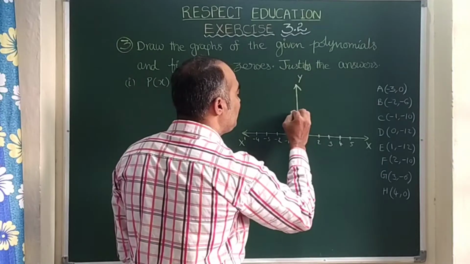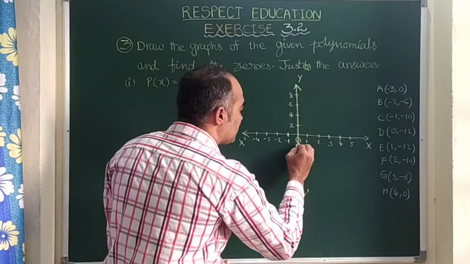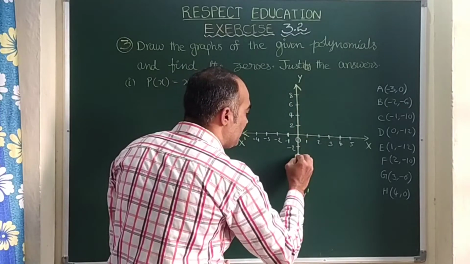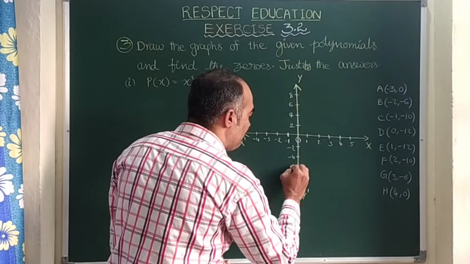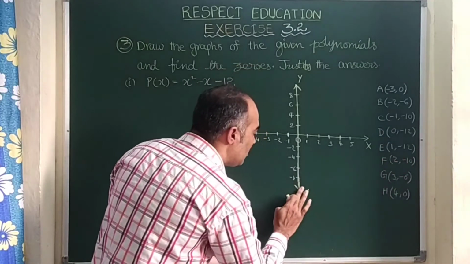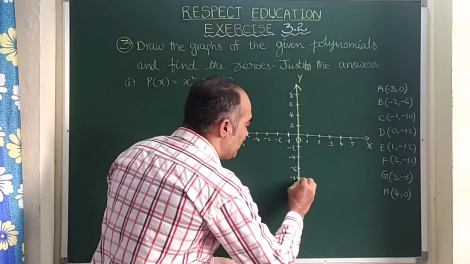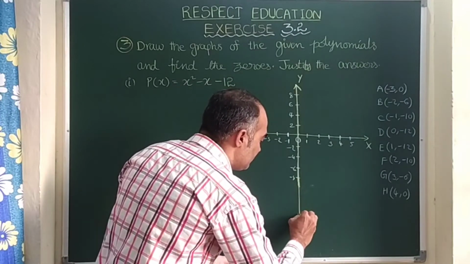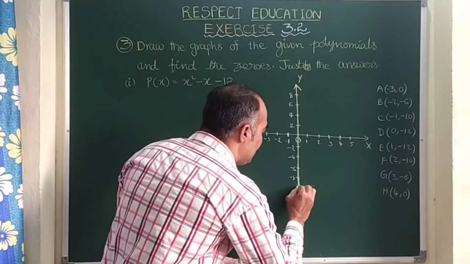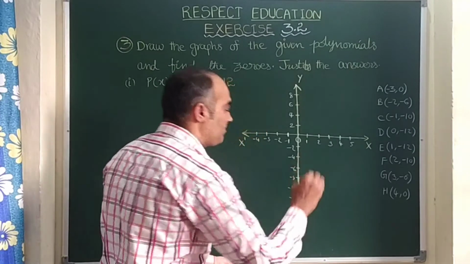This is 2, 4, 6, 8. Here also I will take minus 2, minus 4, minus 6, minus 8. Still I need more, so let us extend this y axis still more. Yes, now this is minus 10 and then minus 12.